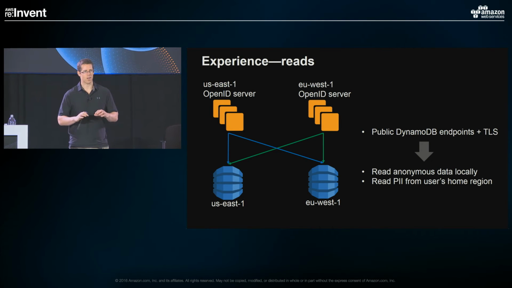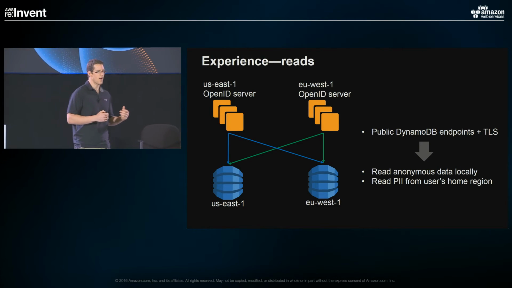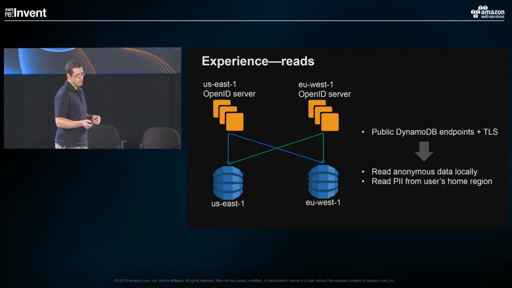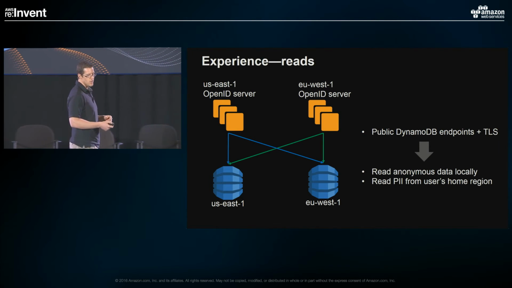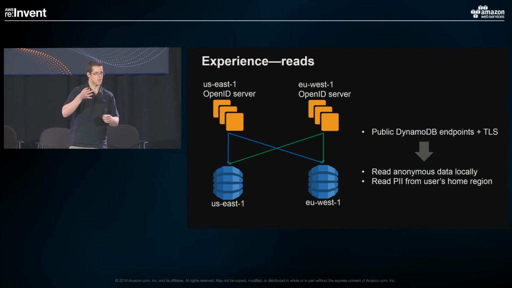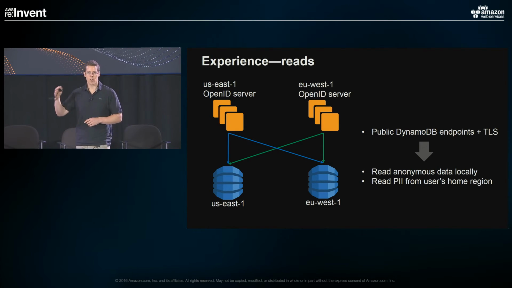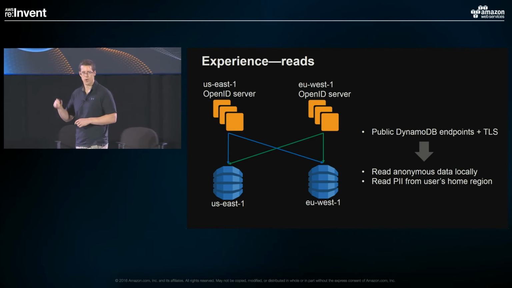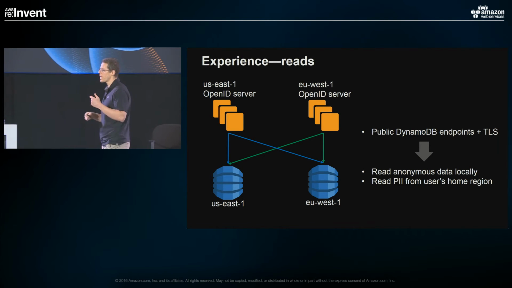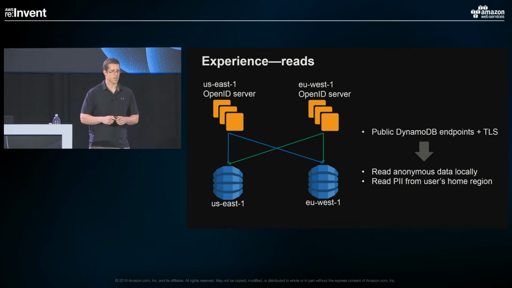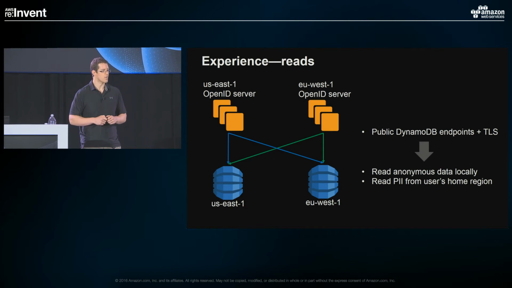So this is just to make concrete all the things I've been talking about and how we implemented it at Under Armour. So for example, if you've got users using your application in EU West, going down the right side of this diagram, the first call you need to make is to your local database, the green line straight down, and you get that pointer. And that pointer says, hey, for whatever reason, this user's data is in US East 1.